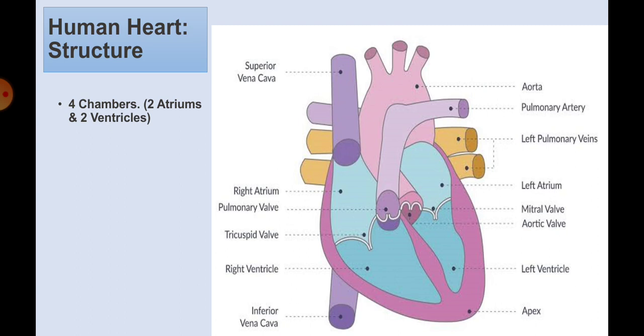There are 4 spaces, hollow spaces, and they are called 4 chambers. Then 4 valves. Valves are like doors. And 5 major blood vessels.